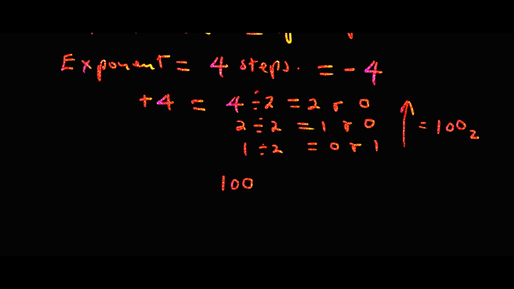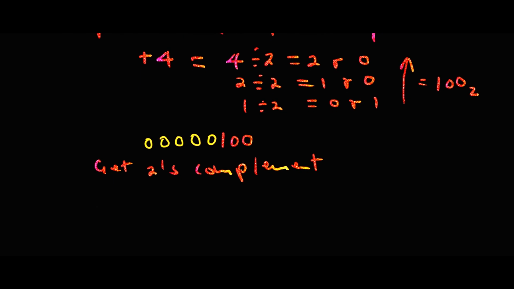But the column we are looking for requires 8 bits. So you have 1, 2, 3, then 4, 5, 6, 7, and 8. That is what we are going to use. But remember, it was a negative 4, so you get the 2's complement to represent the negative number.